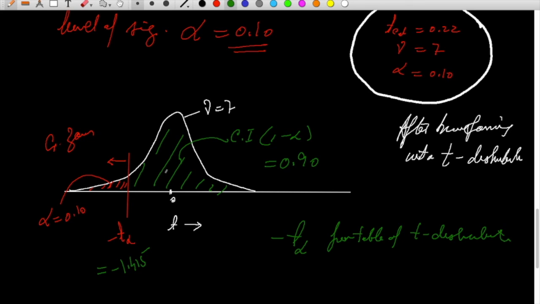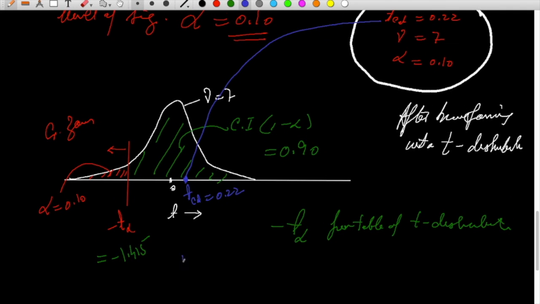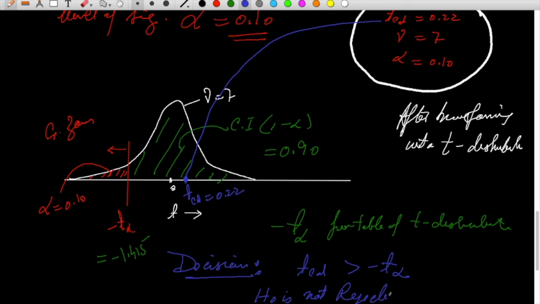t calculated is about 0.22. In this case, the decision is that because t calculated is more than minus t alpha, H0 is not rejected.